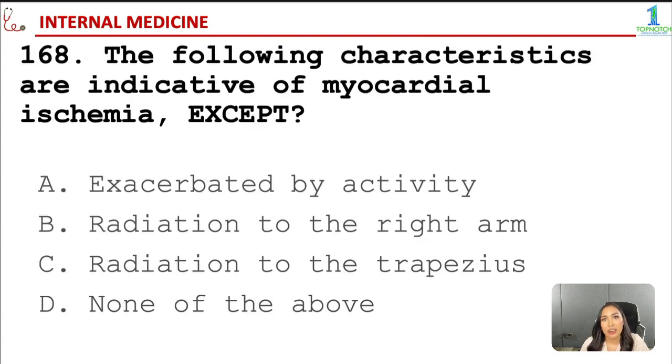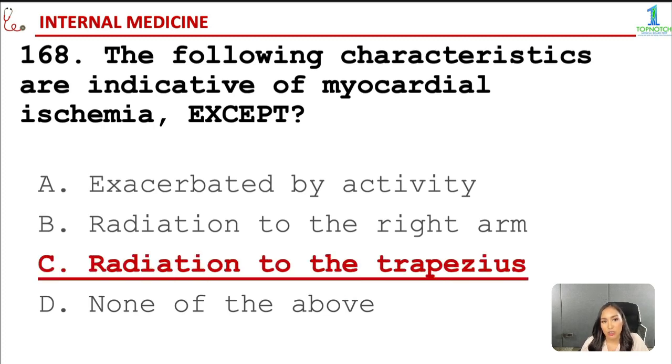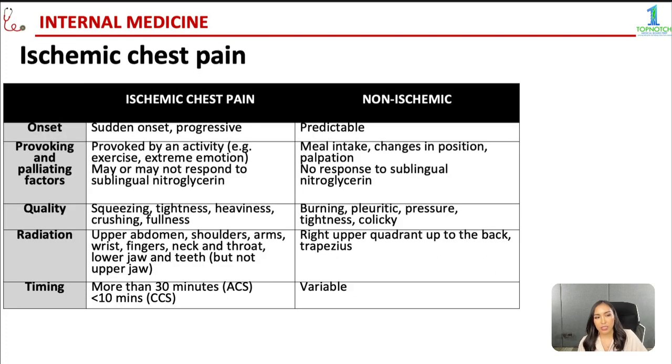168. The following characteristics are indicative of myocardial ischemia except C. Radiation to the trapezius. Let's look at ischemic versus non-ischemic chest pain. Ischemic chest pain tends to be sudden and progressive, provoked by an activity and including extreme emotions. And it may or may not respond to sublingual nitroglycerin.